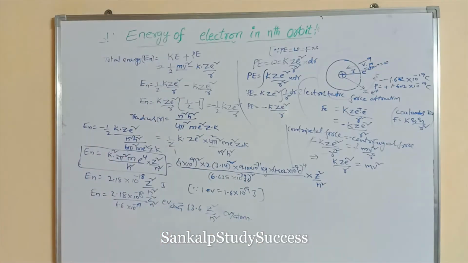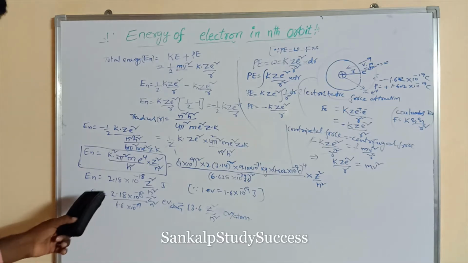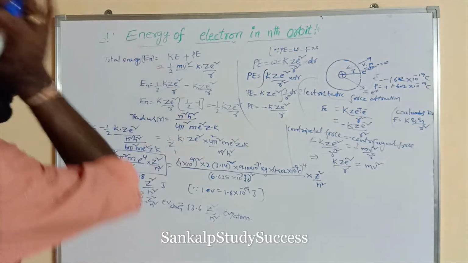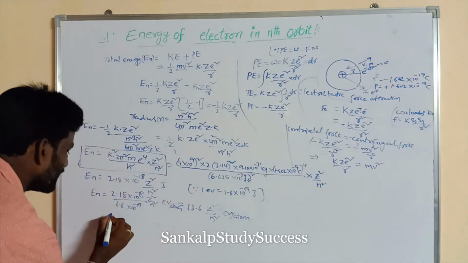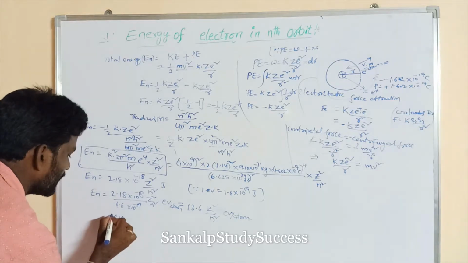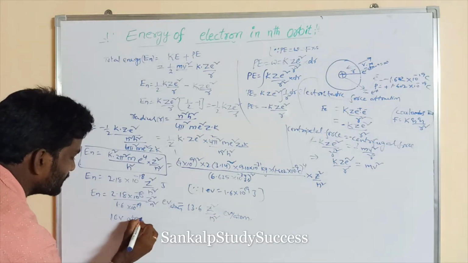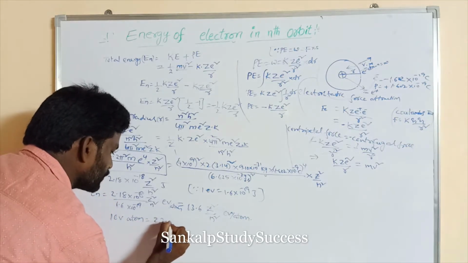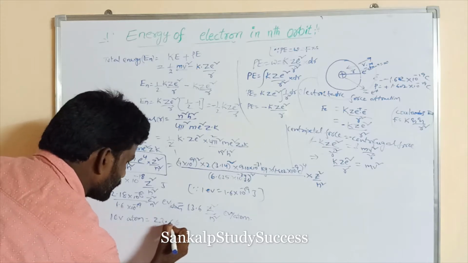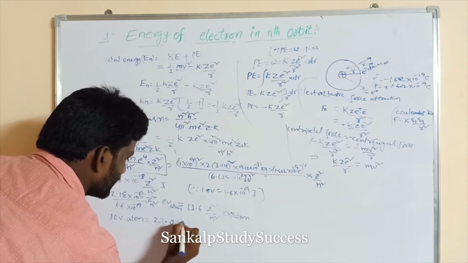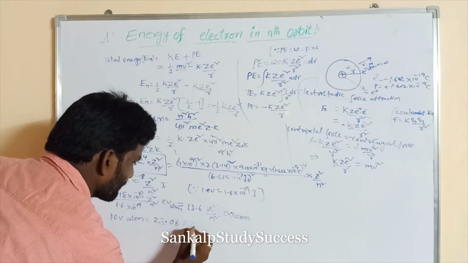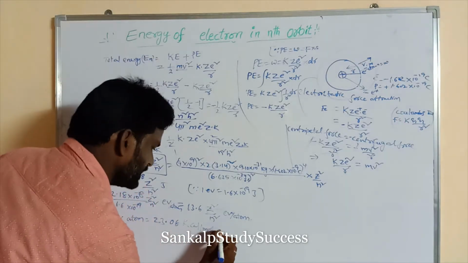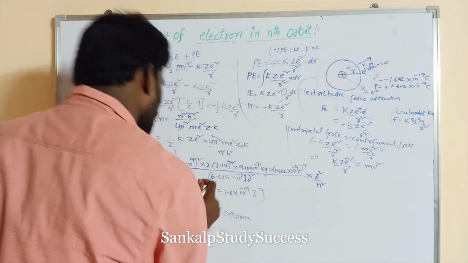This value is present in joules, this value is present in electron volt per atom, and 1 electron volt per atom is equal to 23.06 kilocalories per mole.